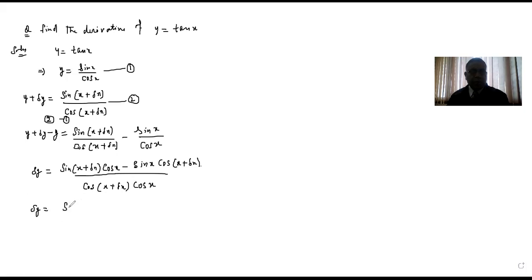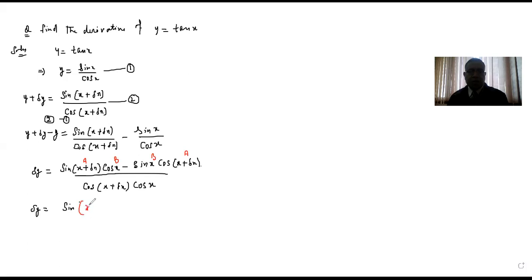Delta y is equal to sin. Now see, sin A cos B minus sin B cos A, so this is sin A minus B.